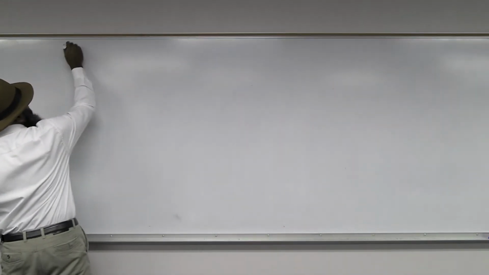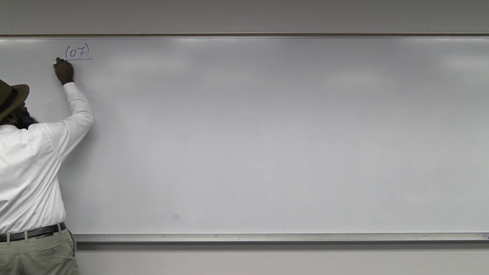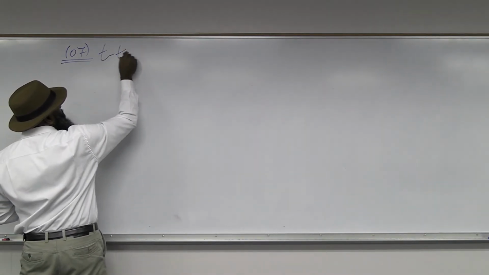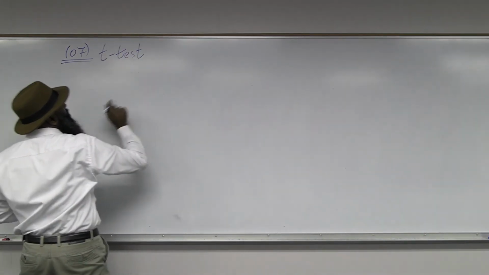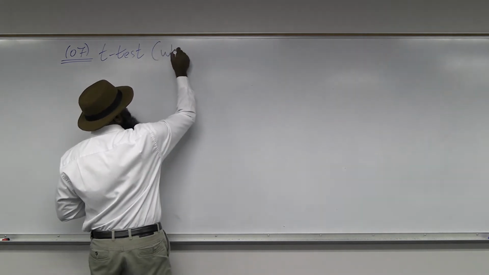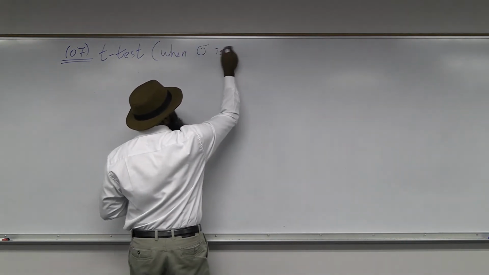Testing procedures for t-test. We do t-test if sigma is not given. Please remember that. It's very important. Point number 7, t-test. This is when sigma is unknown.